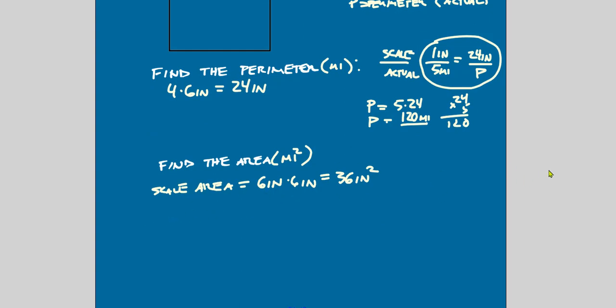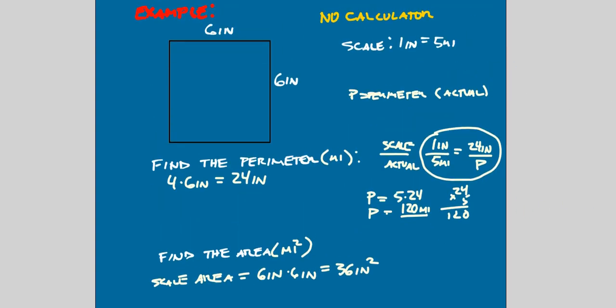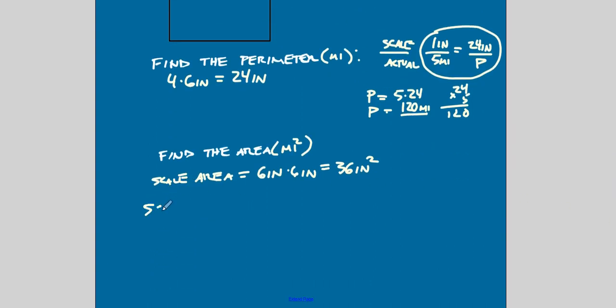The scale here is 1 inch is to 5 miles. Okay, now we're going to put an equal sign in there. So my scale area is 36 inches squared, and this is the area I'm trying to find here, the actual area, which is going to be in square miles.